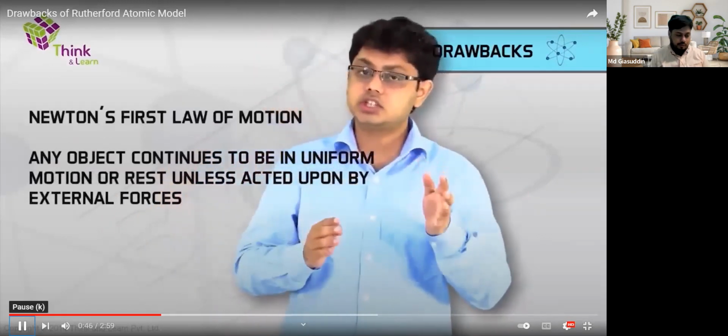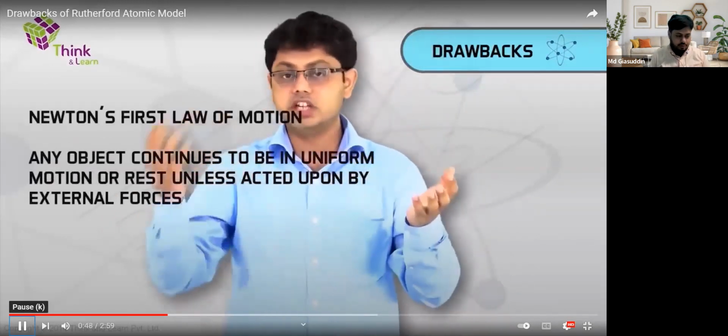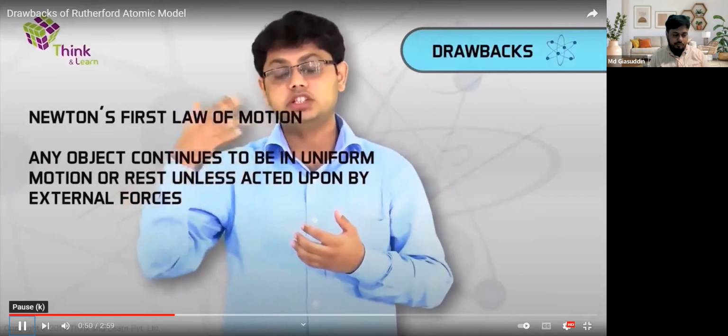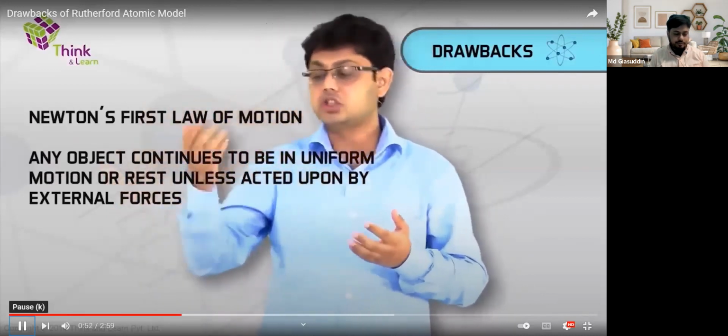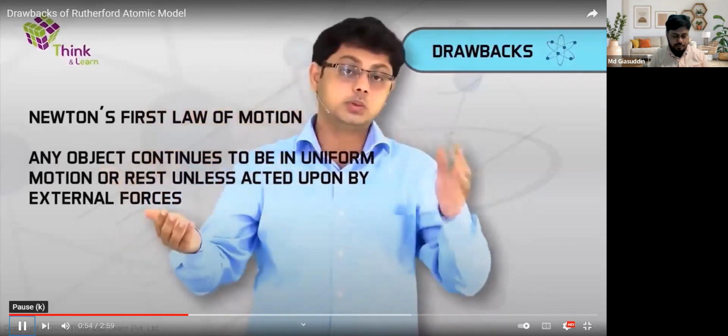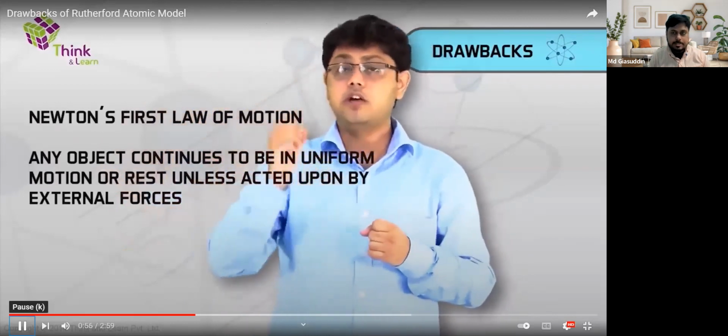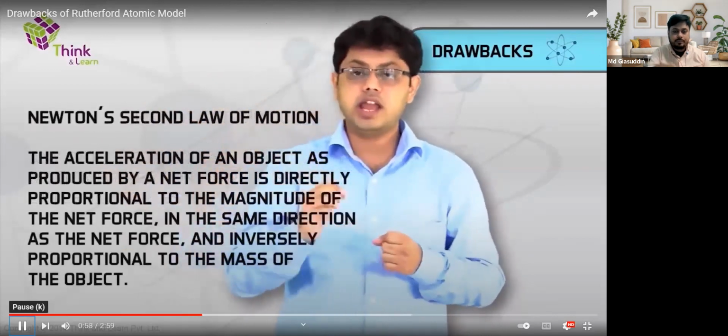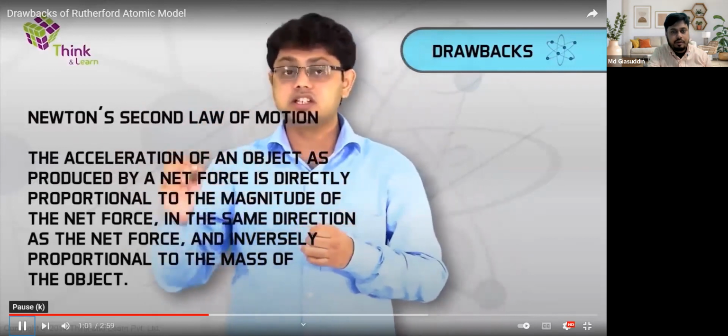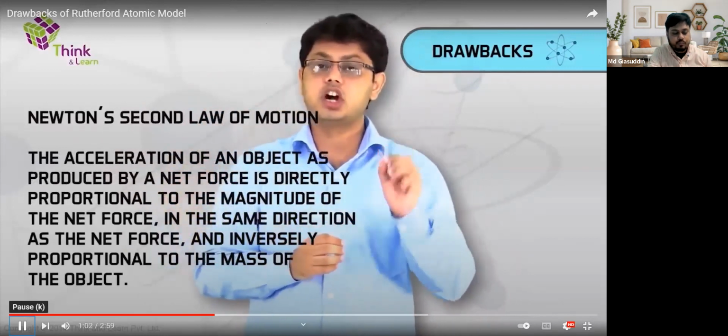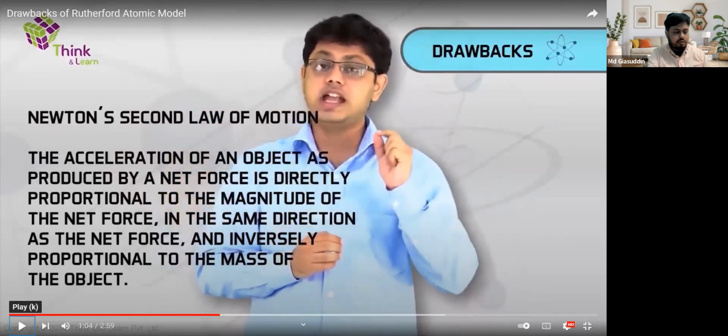If it has to change from a state of rest to a state of motion, or change its direction, or change from a state of motion to a state of rest, it requires a force to do that. Now again, if a force is applied on a system, it will always cause acceleration. So this is the major drawback of Rutherford's experiment.